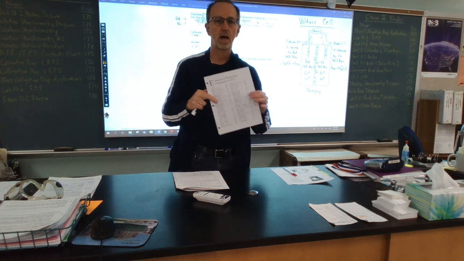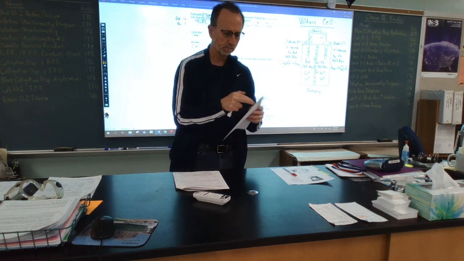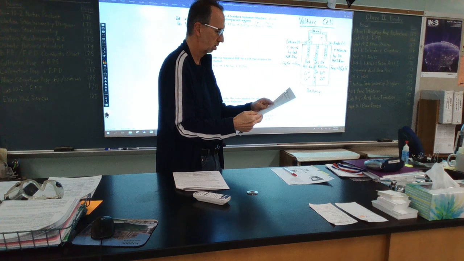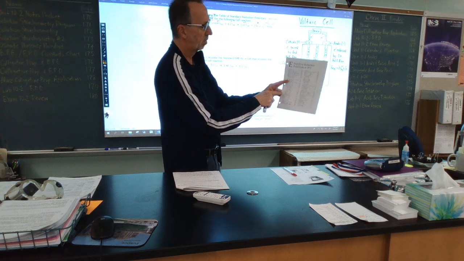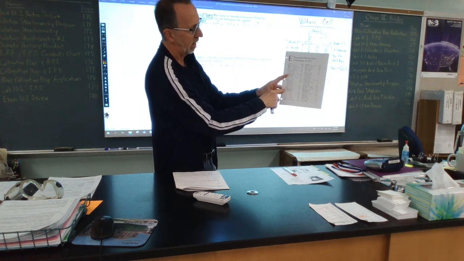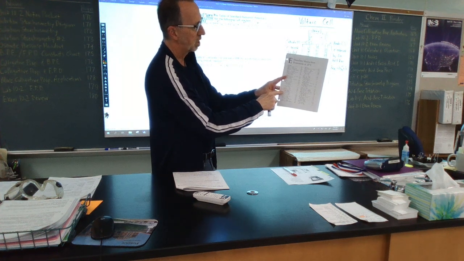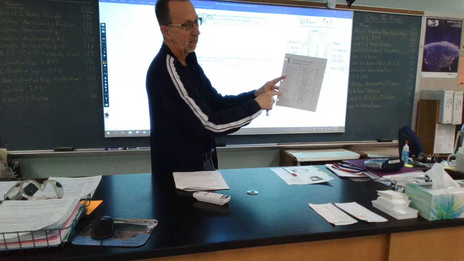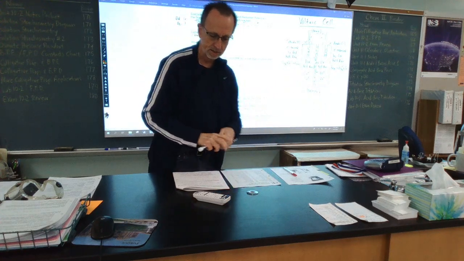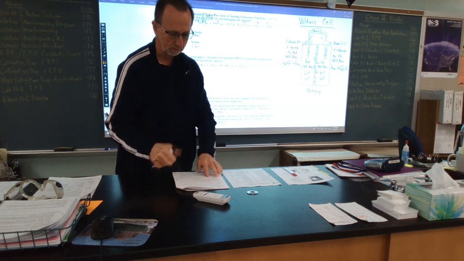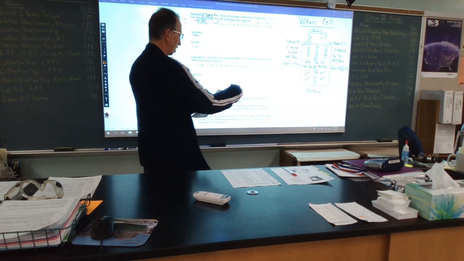And if you look up on your chart here, about 2/3 of the way down, you will find the reduction half reaction that involves the dichromate ion and the chromium +3 ion. So I'm going to write that up here now. I'm going to pull it right off of the chart.